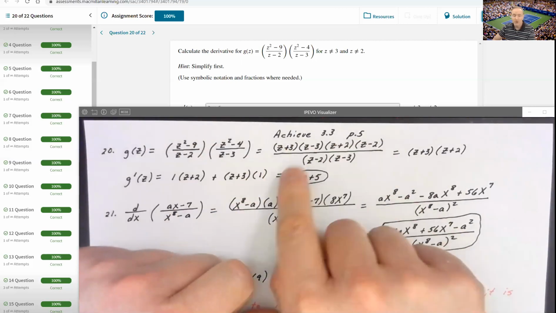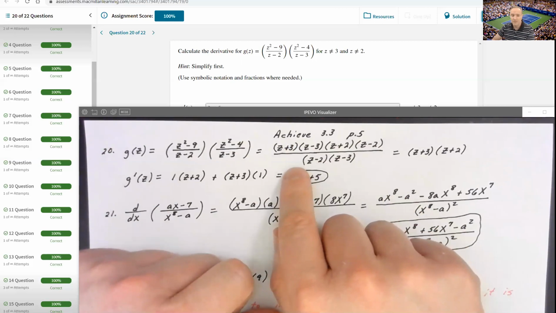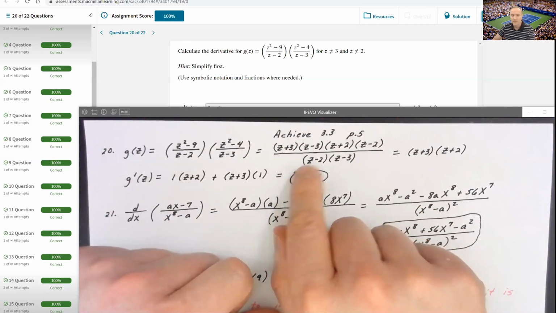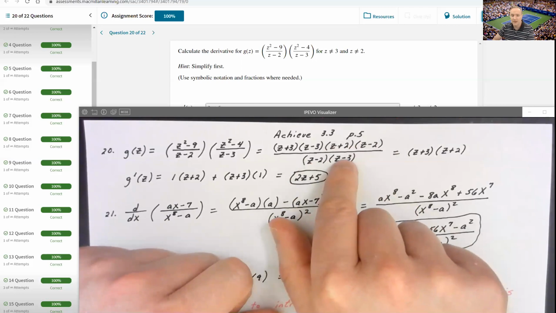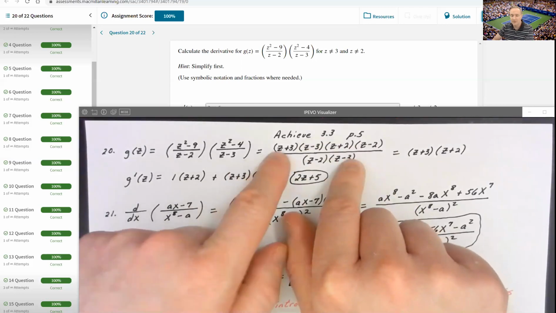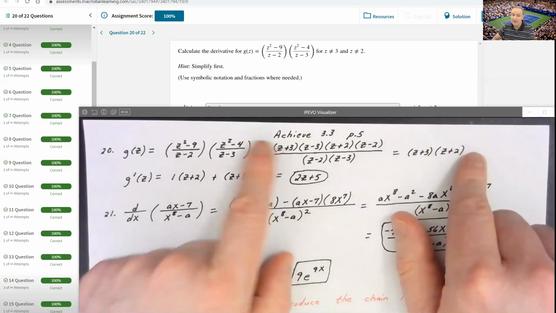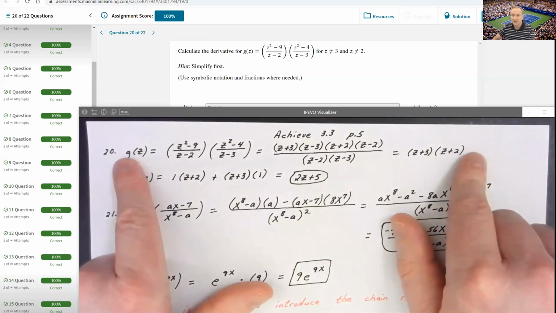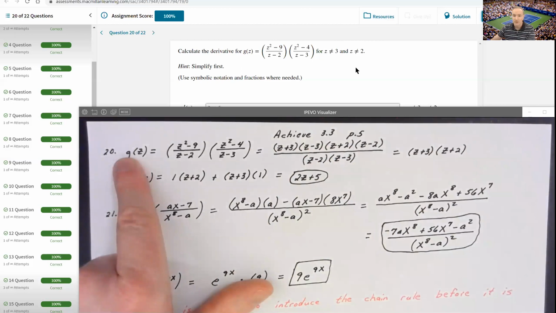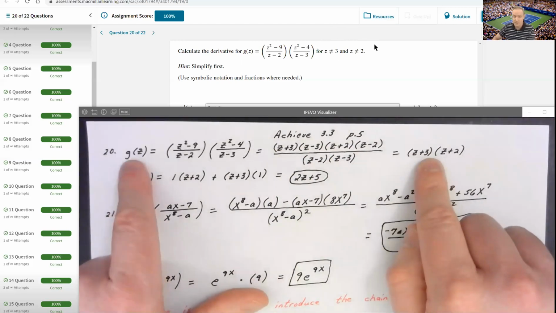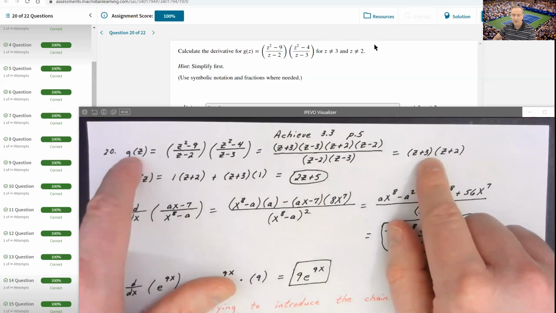Now we know we can cancel out common factors between the numerator and denominator, so the z minus 2 cancels out, the z minus 3 cancels out, and we're just left with z plus 3 times z minus 2. This is equal to our original function as long as you remember the two domain restrictions that z cannot equal 3 or 2. As long as z is not equal to those two values, this is equal to our original function, g of z.